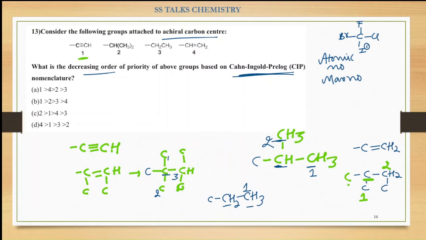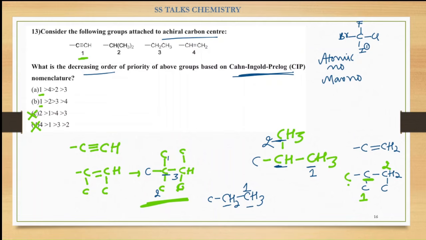So when the substituents are the same, we have to look at the number of species to which it is further attached. Right. So in the first case, if I am observing, this is attached to three further carbon atoms. That means the highest priority will be of the first species, that is my alkyne group. So the first one is going to be the maximum one. So from that, your C and D options you can eliminate.